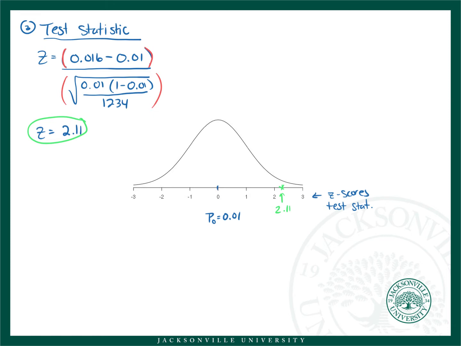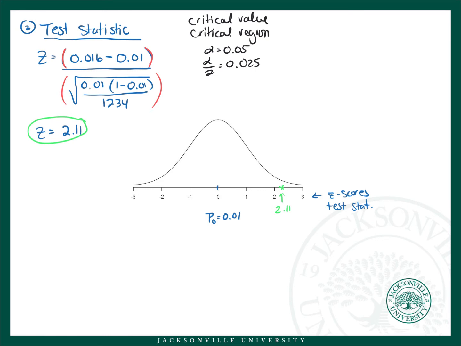Now I need to define my critical value and my critical region. To do this, I need alpha, which we said in this problem is an alpha level of 0.05. Since we have a two-tailed test, I'm going to have to split alpha in half. That gives me an area of 0.025.